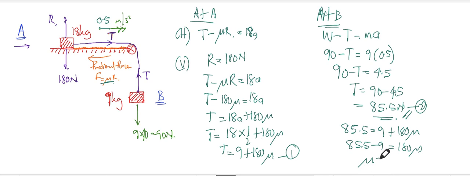So mu equals 85.5 minus 9 divided by 180, and I'm getting 0.425.